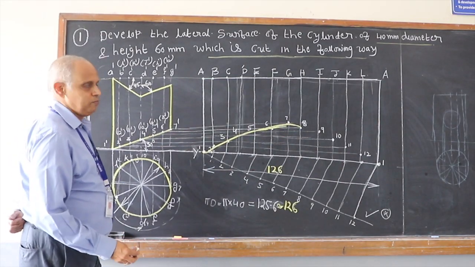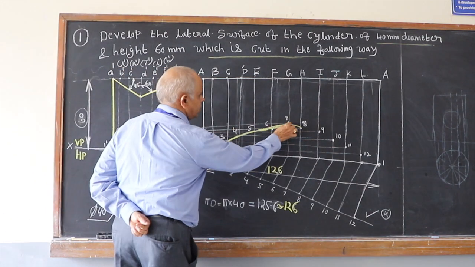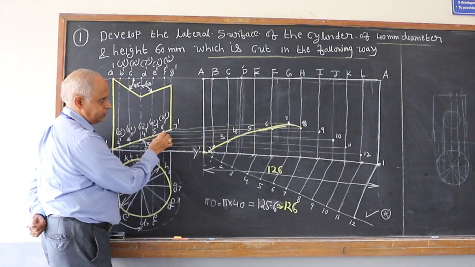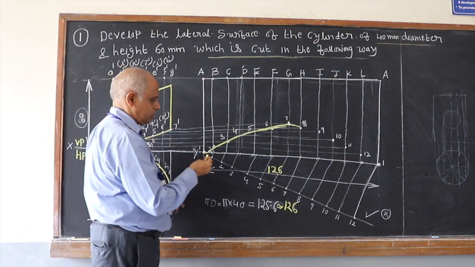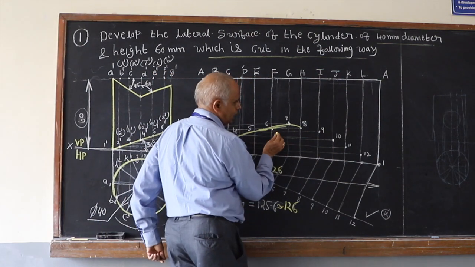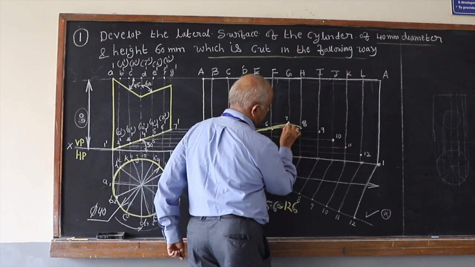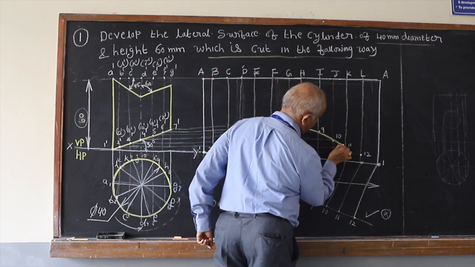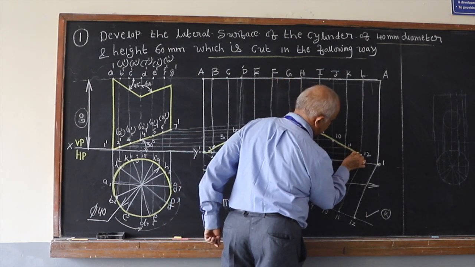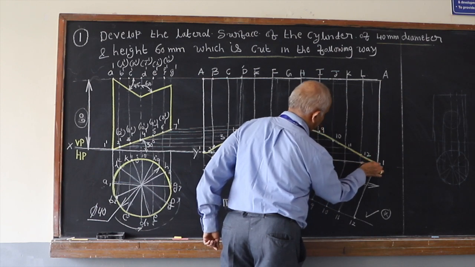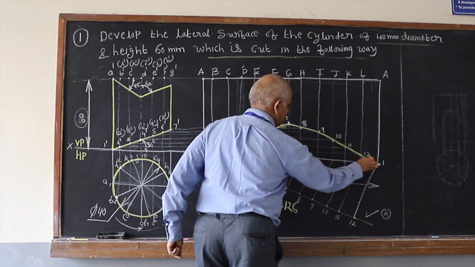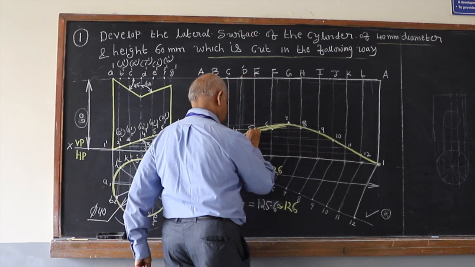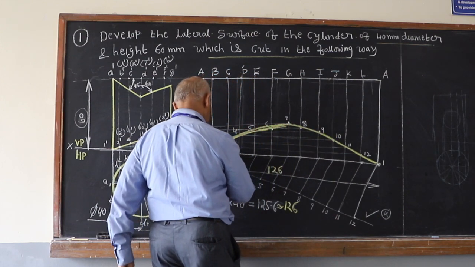So after locating point number 7 on generator G, 8 is already located, and therefore you can draw a smooth curve. 8, 9, 10, 11, 12 are located. Draw a smooth curve passing through all these points. There should not be any discontinuity even in slope. It should be a single curve.